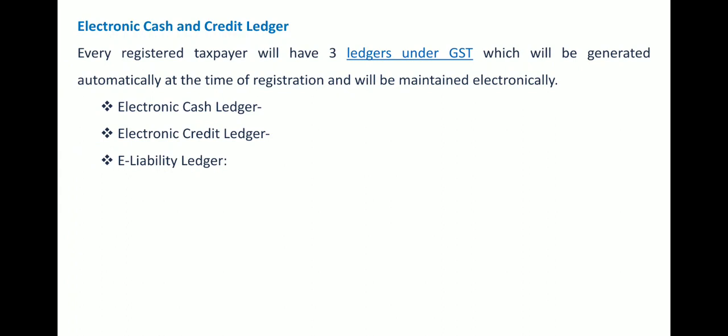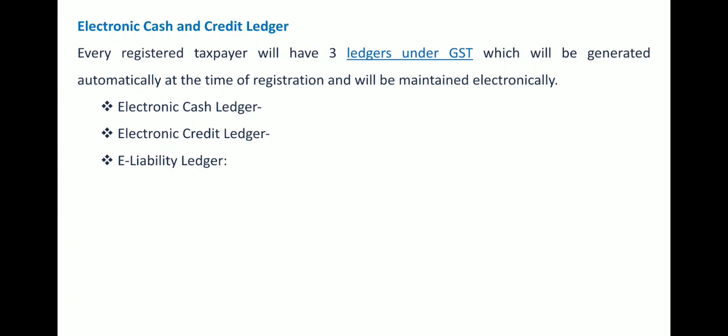And the second ledger is the electronic credit ledger. Why is it prepared and why is it necessary? See, the electronic credit ledger is used to record the input tax credit, and purchases will be reflected here.